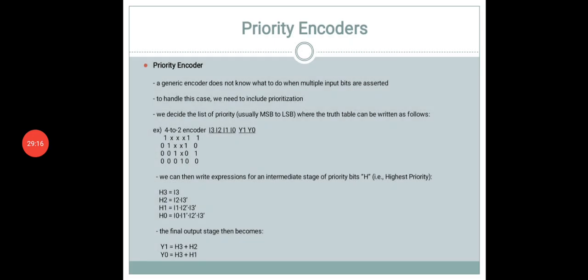In general, a generic encoder does not know what to do when multiple input bits are asserted. To handle this case, we need to include a prioritization. Then we decide the list of priority from MSB to LSB.